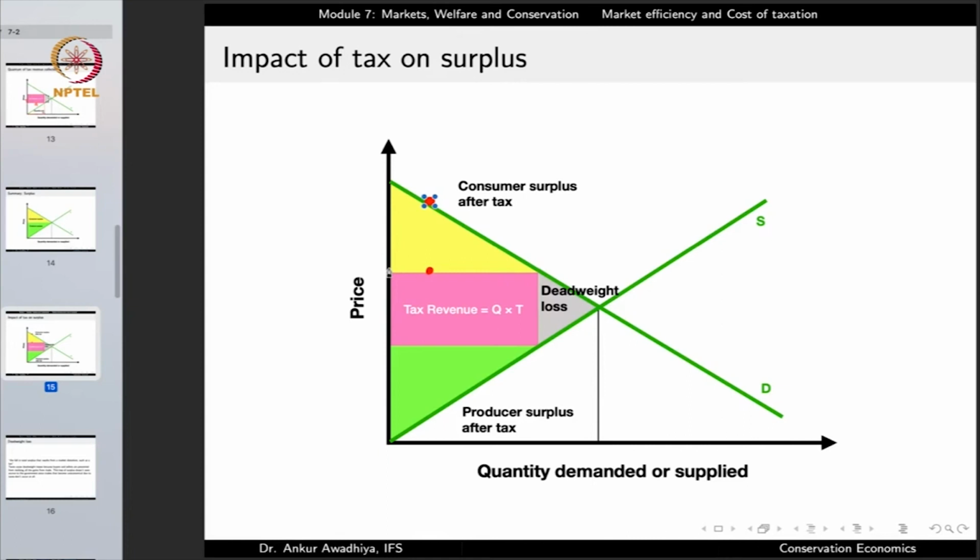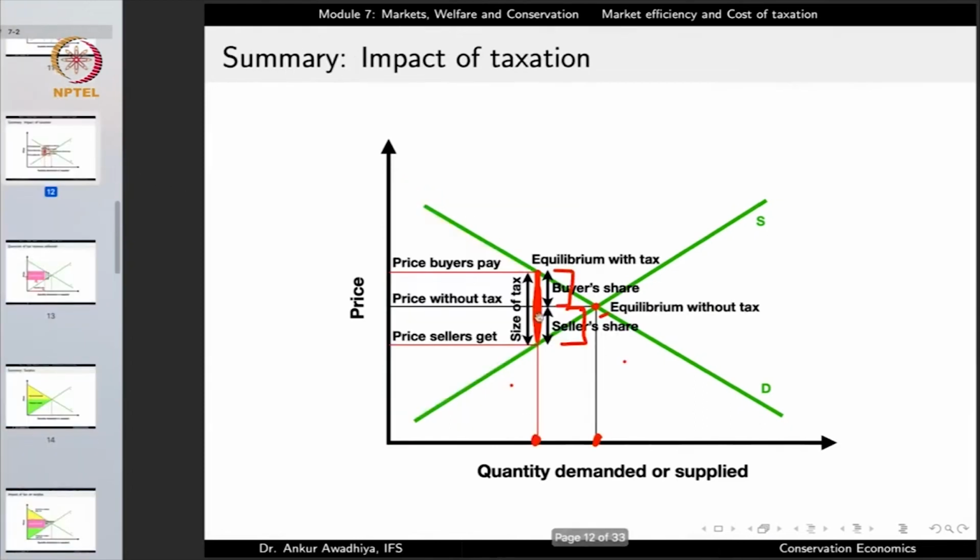Now, because the consumer is now paying a higher price, earlier the consumer was paying a lower price that was given by this amount. So, this is the price without the tax. But now the buyer has to pay a higher price. And we have observed that in the case of a consumer surplus, it is the difference between the value of a good and the price that the buyer has to pay.